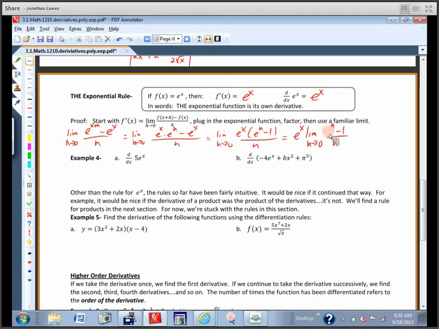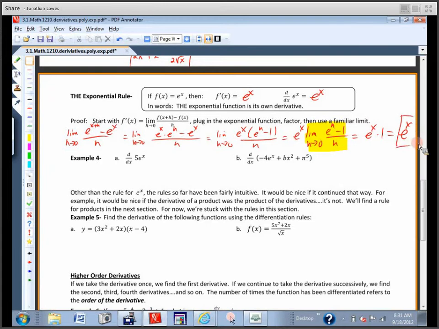So I can bring this out front using the constant multiple rule for limits, and I can find the limit as h approaches 0 of e to the h minus 1 over h. Now, this technique works with every single exponential. You can get it to something that looks like this. And does anybody recognize this limit right here?